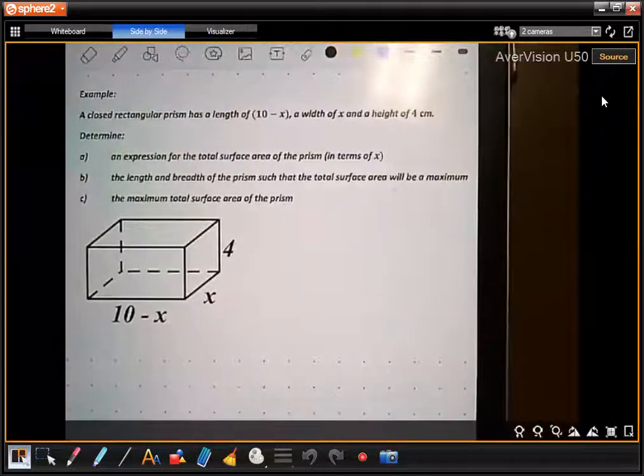Okay, guys, can you remember how you find the total surface area of a rectangular prism?